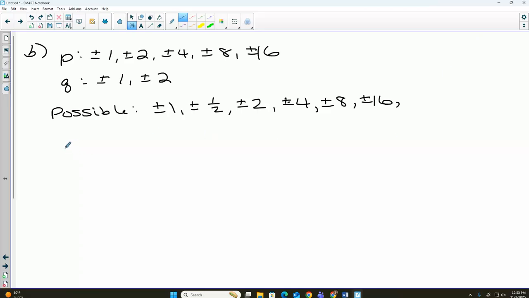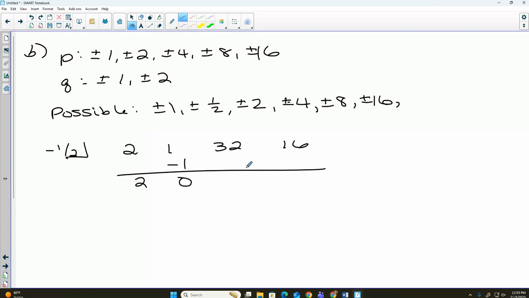Okay, so what worked? Negative 1/2. Okay, so then we do our synthetic. Two times negative 1/2 is negative 1, plus 1 is 0. So we get 2x squared plus 32. If I'm trying to find my zeros, can I find it from here?